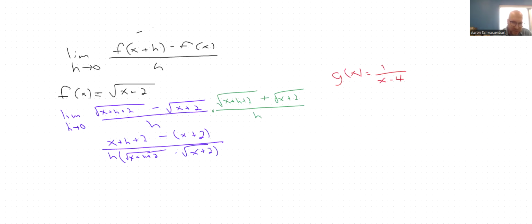And squaring the two parts means I can distribute that negative and essentially drop the parentheses, which allows me this beautiful thing where x and negative x cancel and 2 and negative 2 cancel, leaving me with just h. The limit does carry down, I just don't want to write it.